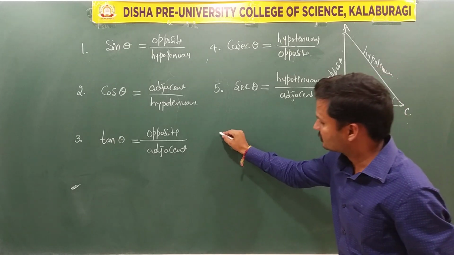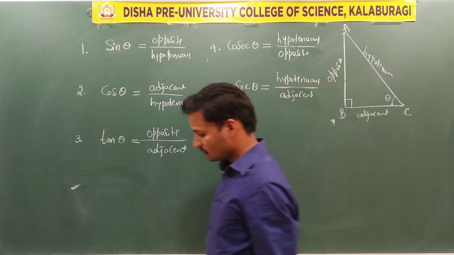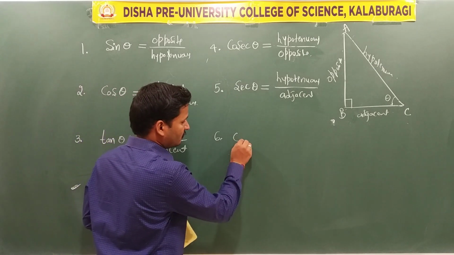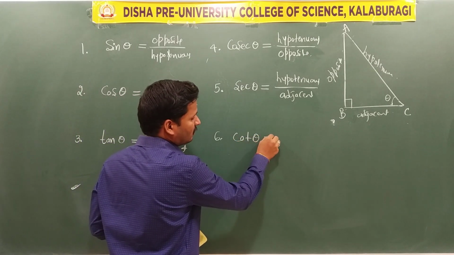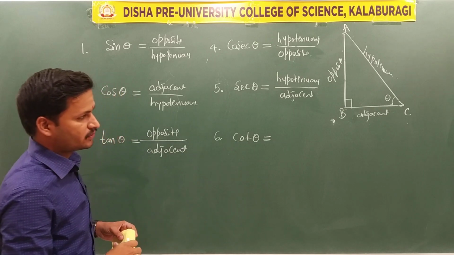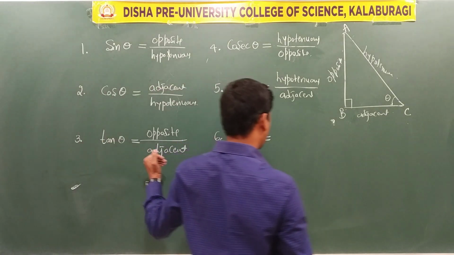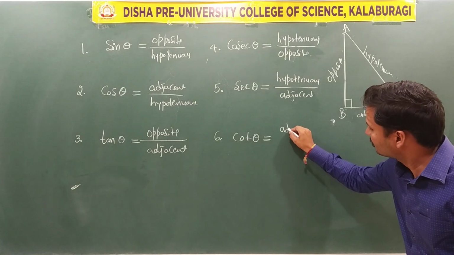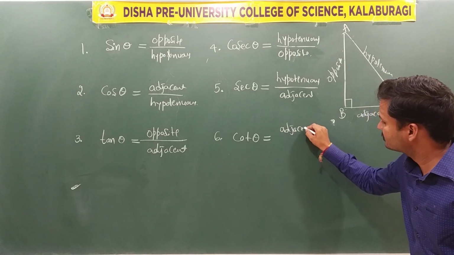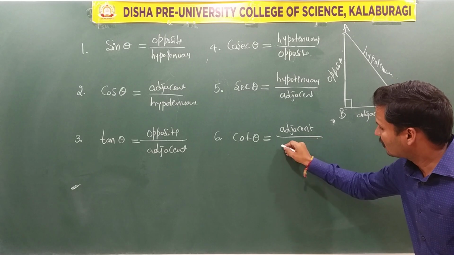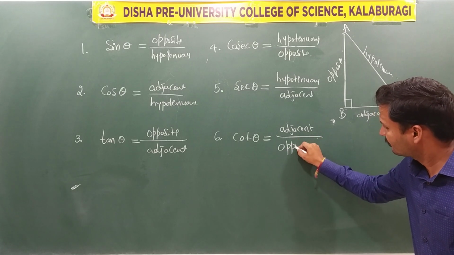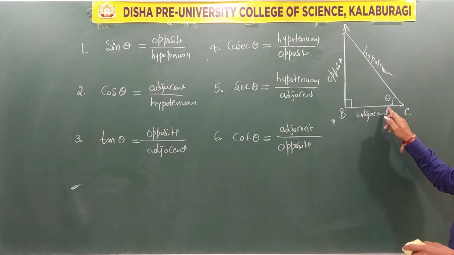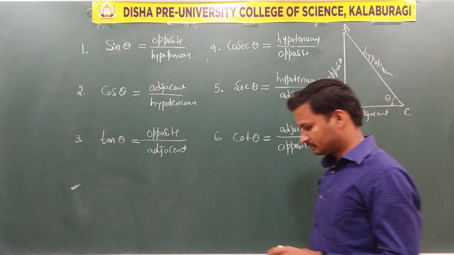Last, sixth one, is the cotangent function or cot theta, which is the ratio of adjacent to the opposite.